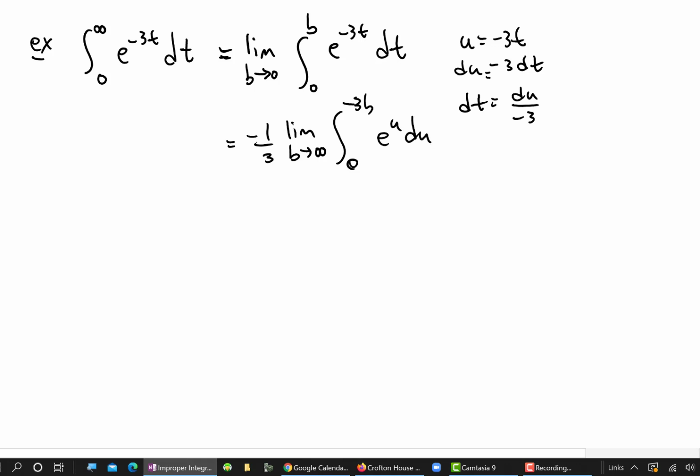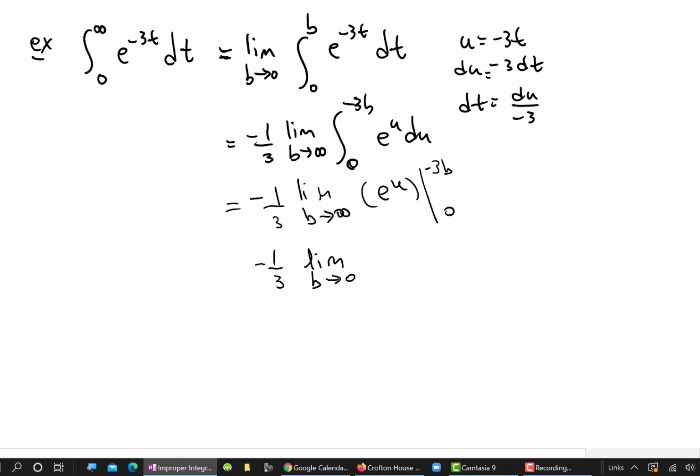I can keep this negative 1/3 and keep the limit as b goes to infinity, and then put in e to the u being evaluated at negative 3b and 0, which gives me the same negative 1/3 limit as b goes to infinity of e to the negative 3b minus e to the 0, which is 1.